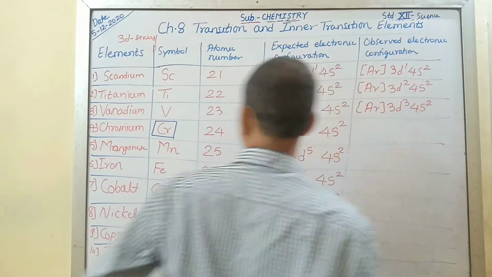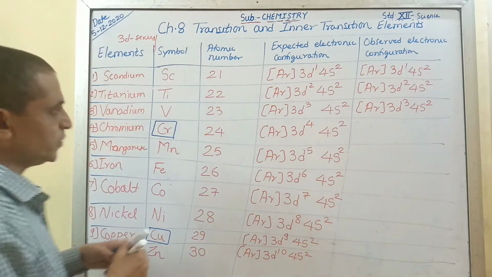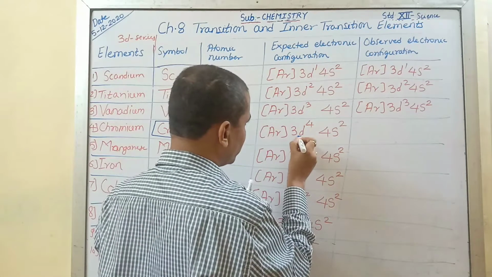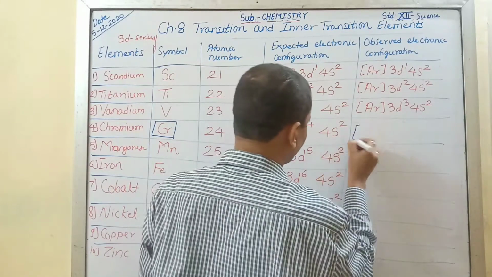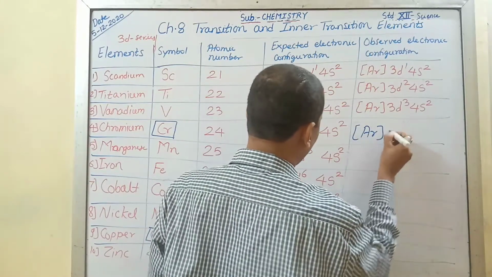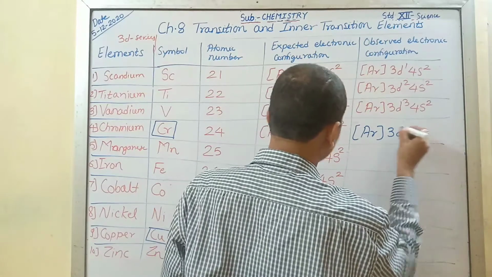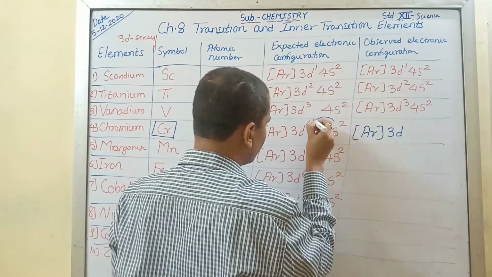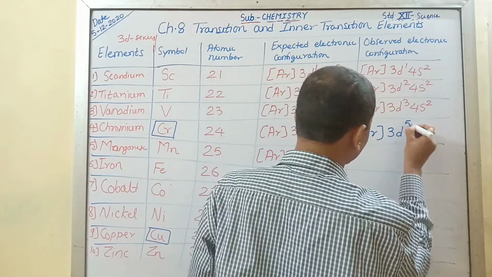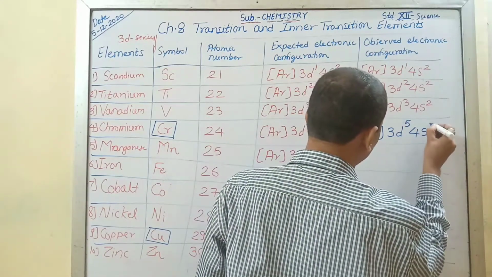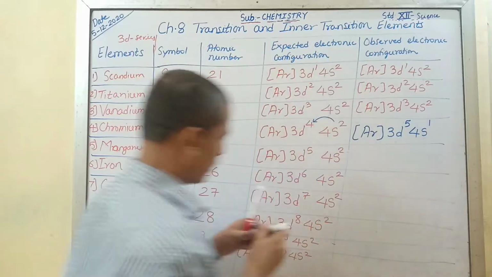But for chromium we have observed a change. The energy difference between 3d and 4s is very small, and therefore Ar 3d4 becomes 3d5 because one of the electrons enters the 3d subshell, and one electron remains, so it is 4s1.